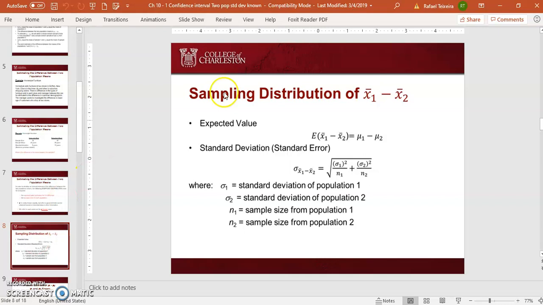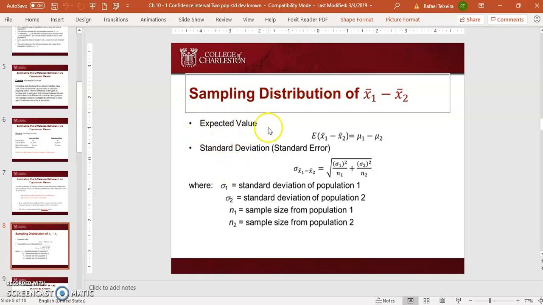Let's take a look at the sampling distribution. So you see this x bar 1 minus x bar 2. This is the mean for the first sample. This is the mean for the second sample. So we are measuring the difference between these two samples. Are they really different? Are they similar? So the sampling distribution for the difference is going to be composed of two elements, the expected value and the standard deviation.